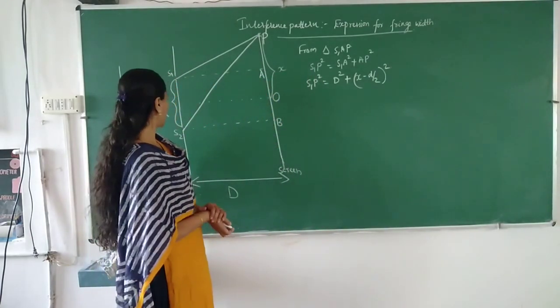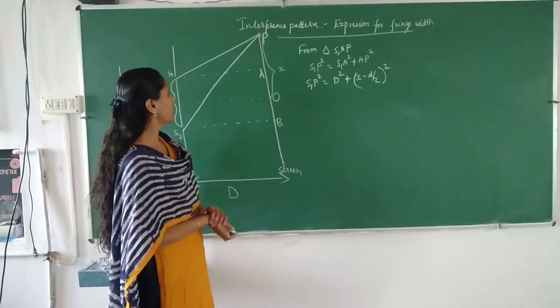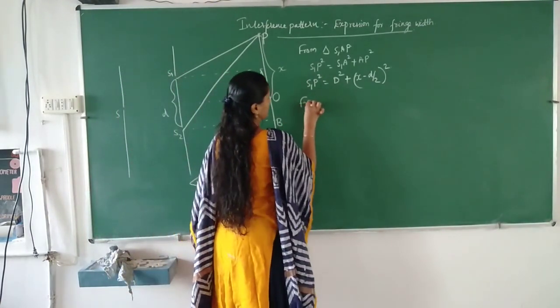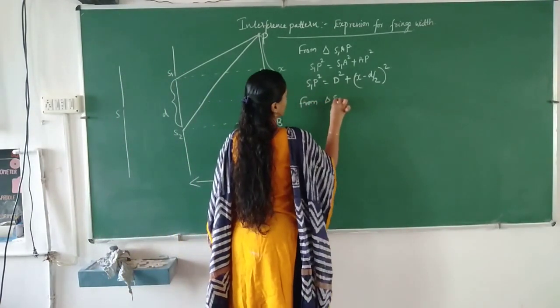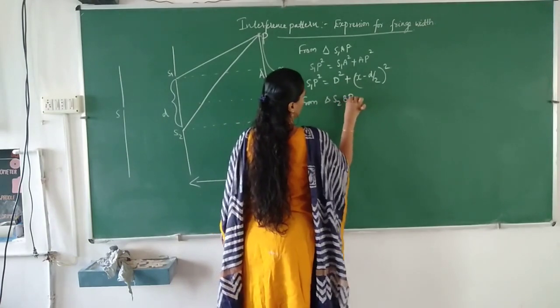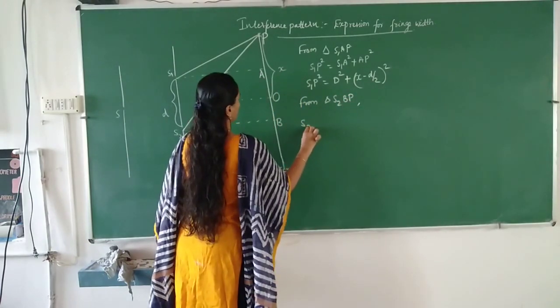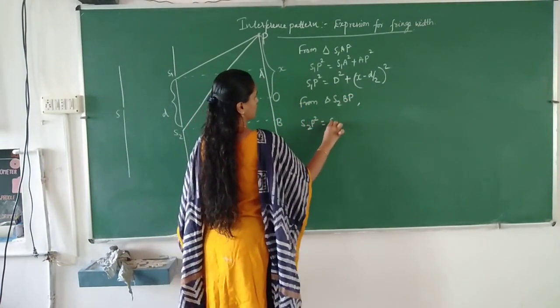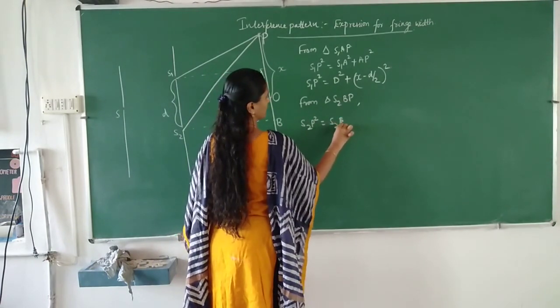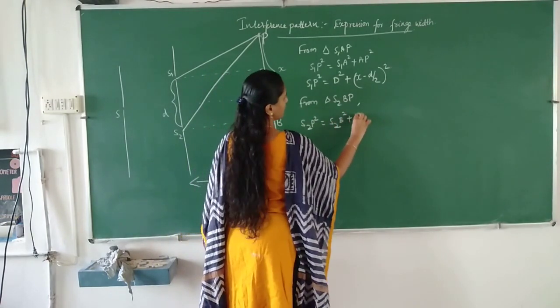Again we consider the triangle S2BP. We can write S2P square equals S2B square plus BP square.